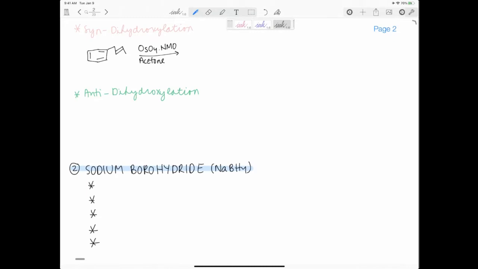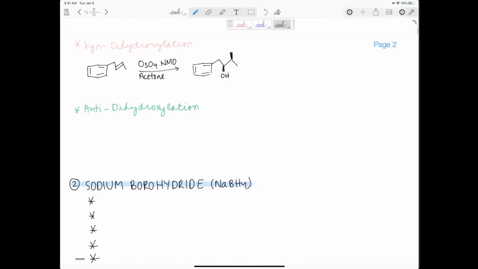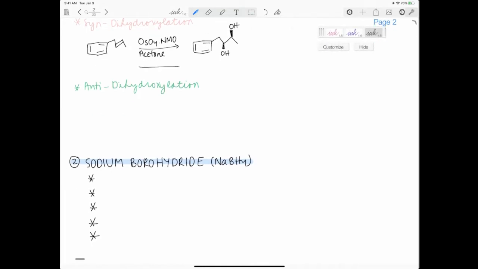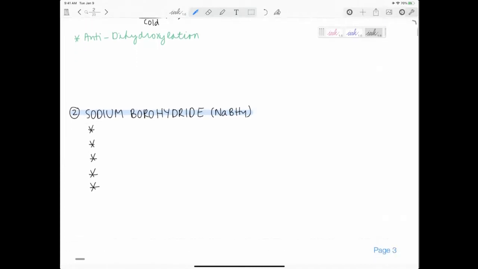So this is a syn addition, which is right here. What's another reaction condition that you might see to get me the same product? Potassium permanganate in cold conditions. Good.